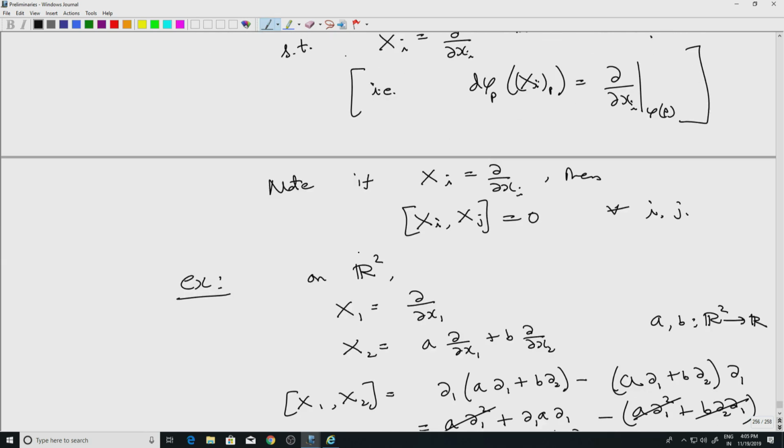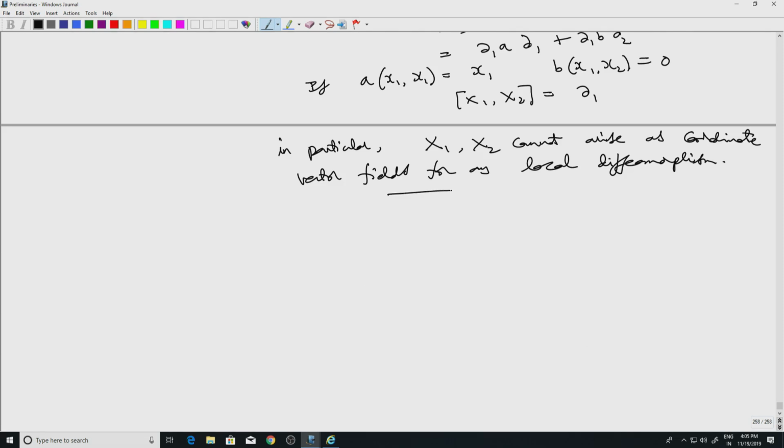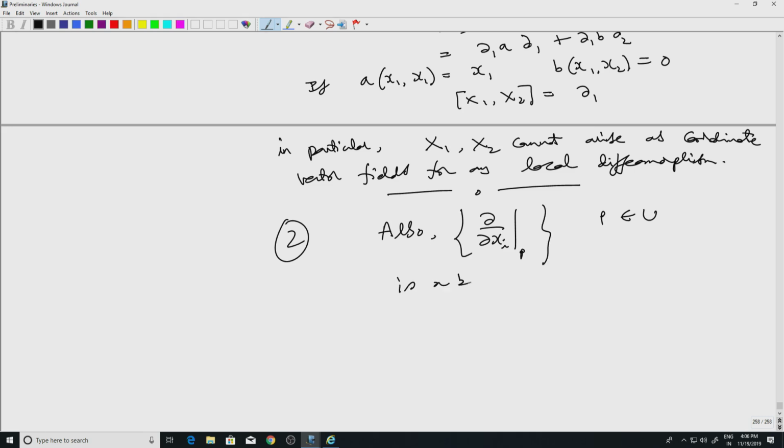There is another restriction. So this is the first one. The second restriction is that we also know that this del by del xi at any point p in U is a basis for TpM.